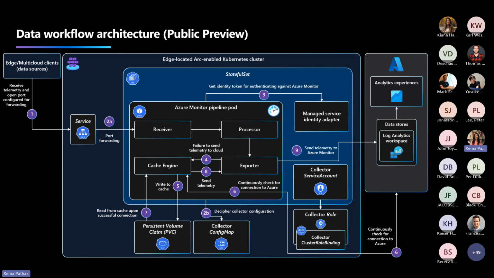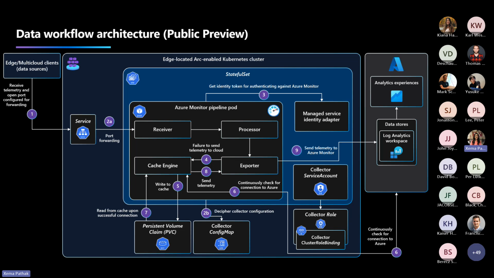Now, if you have a scenario where you want to cache and backfill, if you anticipate some connection failures, you can set up a persistent volume of XX GB or TB, depending upon how much you anticipate to cache in your environment.